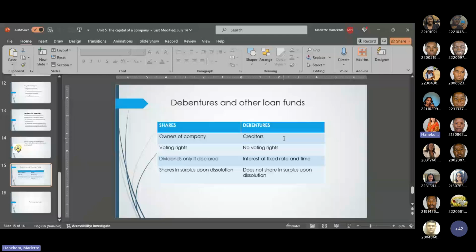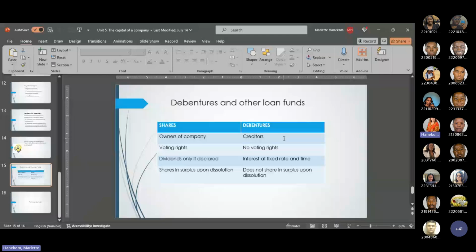Shareholders get dividends when these dividends have been declared. Debenture holders, when you buy debentures, you enter into an agreement with the company that you will receive a certain amount of interest at a fixed rate at a certain time, every 6 months, once a year, whatever, 5% on the amount due, etc. So that's fixed, that's guaranteed.